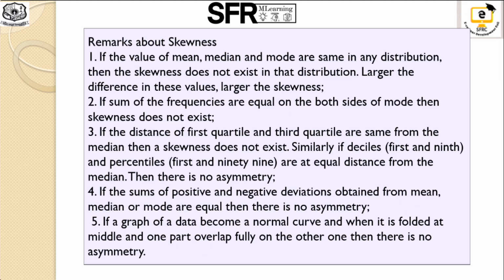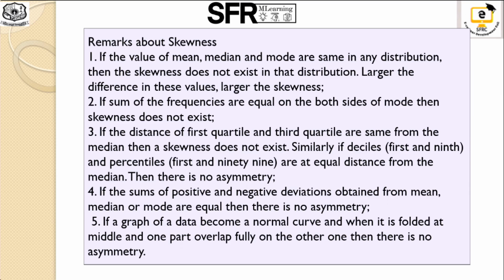In the fifth one, if the graph of the data becomes a normal curve, and when it is folded at the middle, one part overlaps fully with the other part, that is, there is no distance between these two values, hence skewness does not exist.